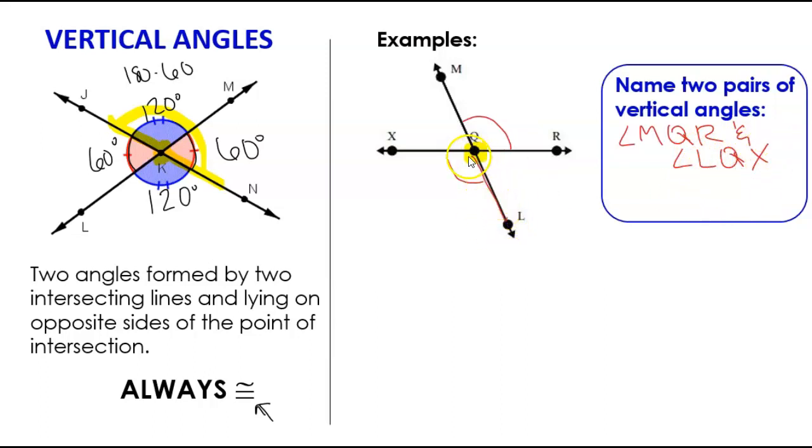So LQX right here, and then MQR. Now another example would be these opposite, or vertical, angles here. So we'd have XQM, and the other side, which is LQR.